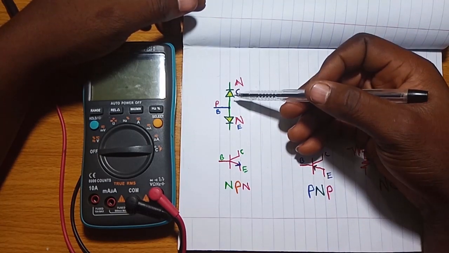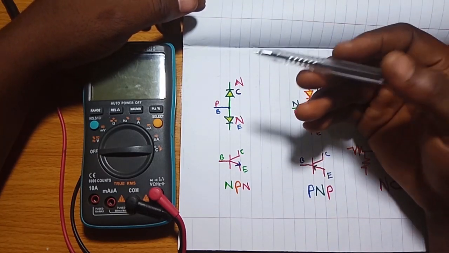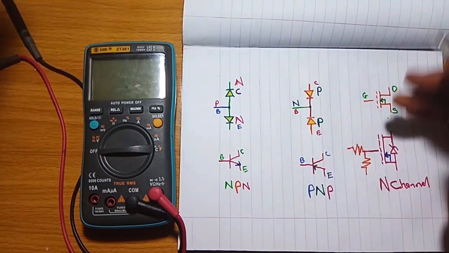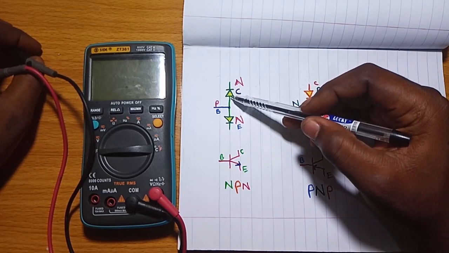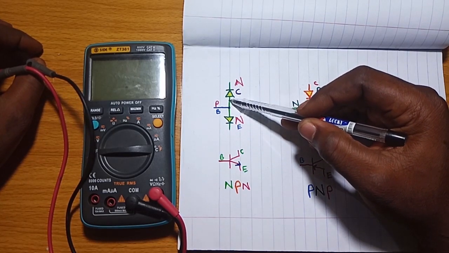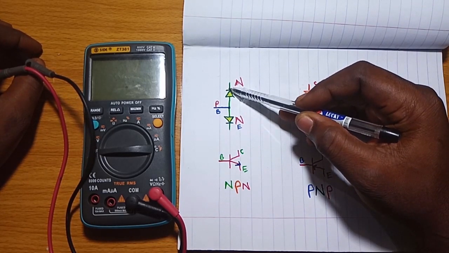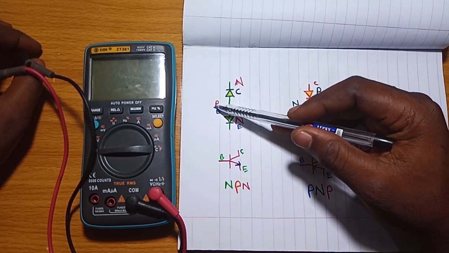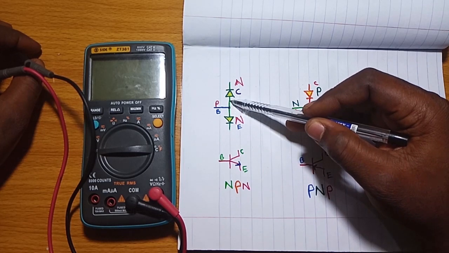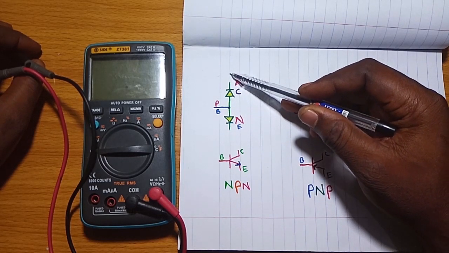So using this one as an example, let me show you how to check it using a multimeter. This is the anode side, while this is the cathode side. If we are passing current through this side, current can only flow through here and out here.